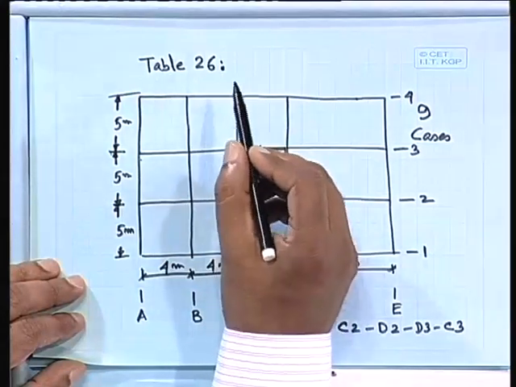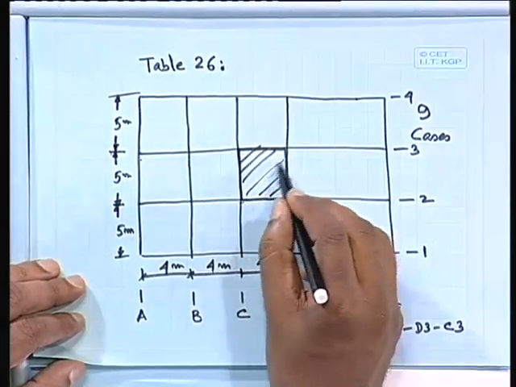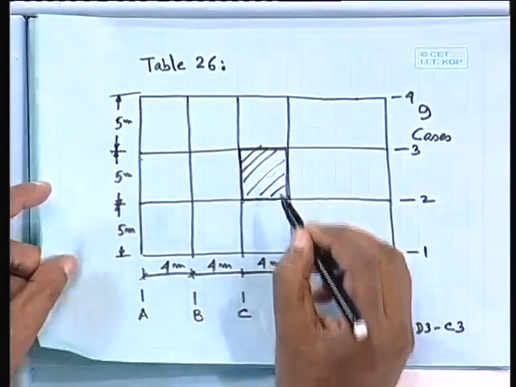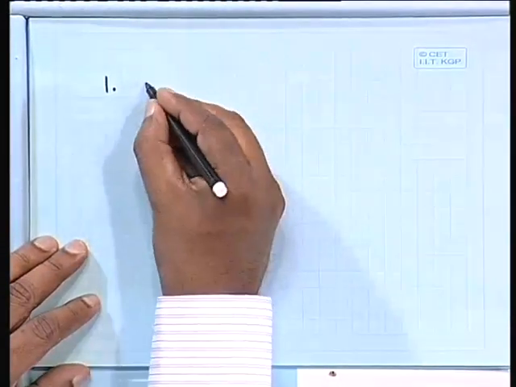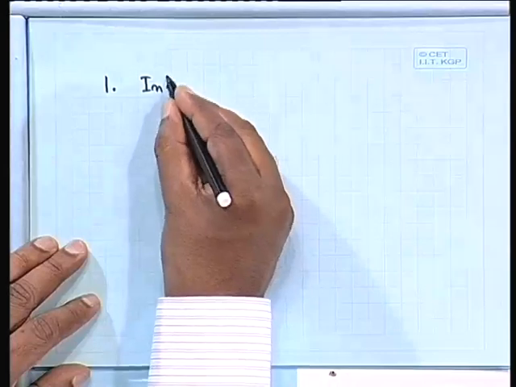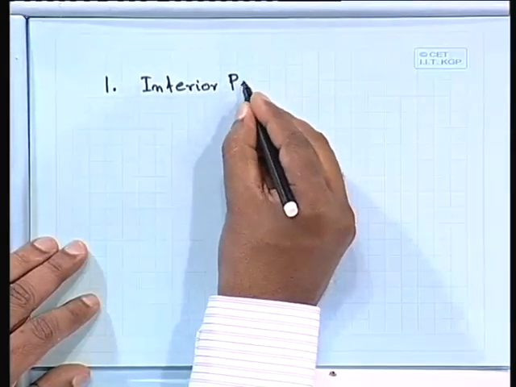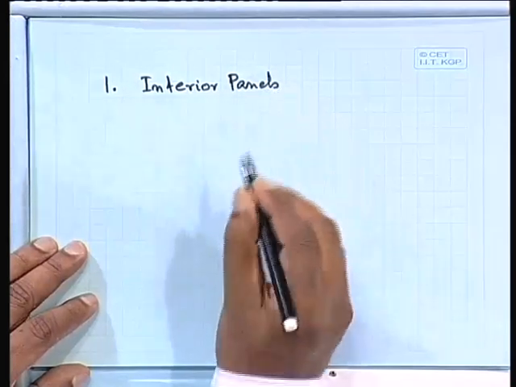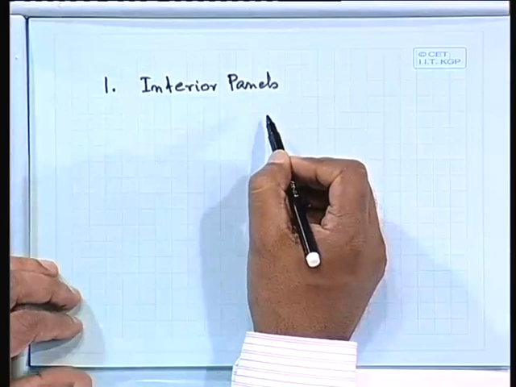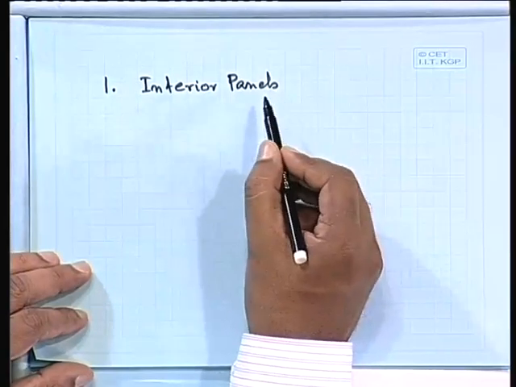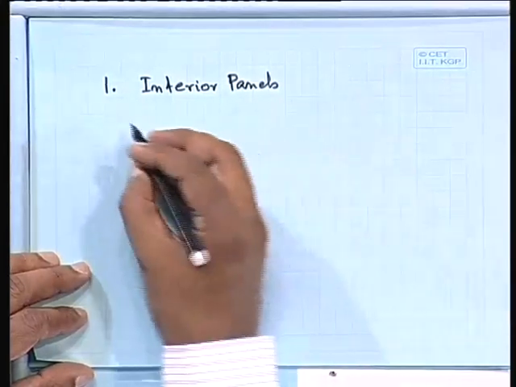Here we have the first case, that is interior panels. So I can write this down as case 1, interior panels. For interior panels, depending on Ly by Lx, we can find different values of alpha x and alpha y in support as well as in span.